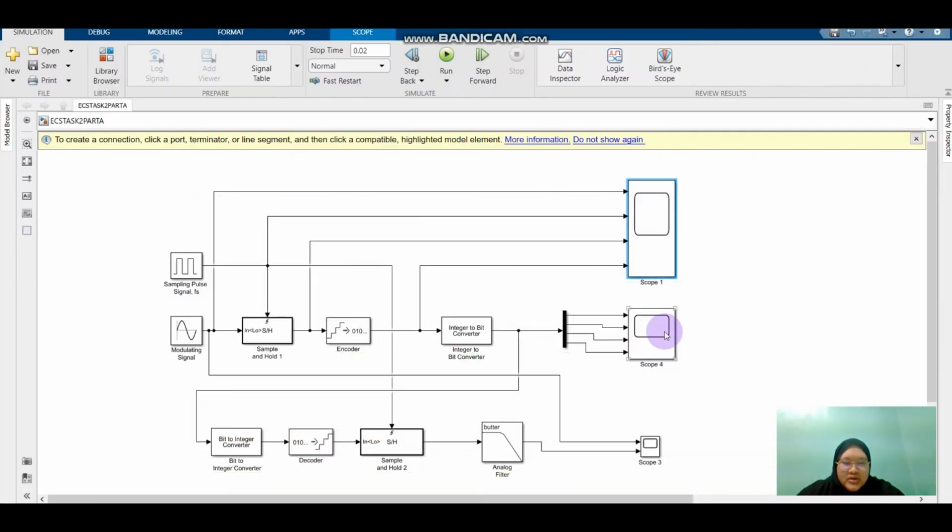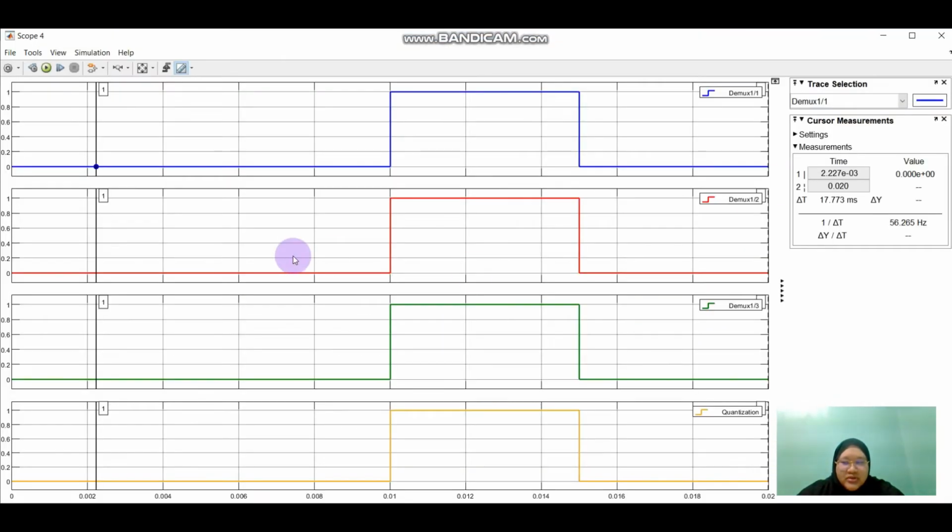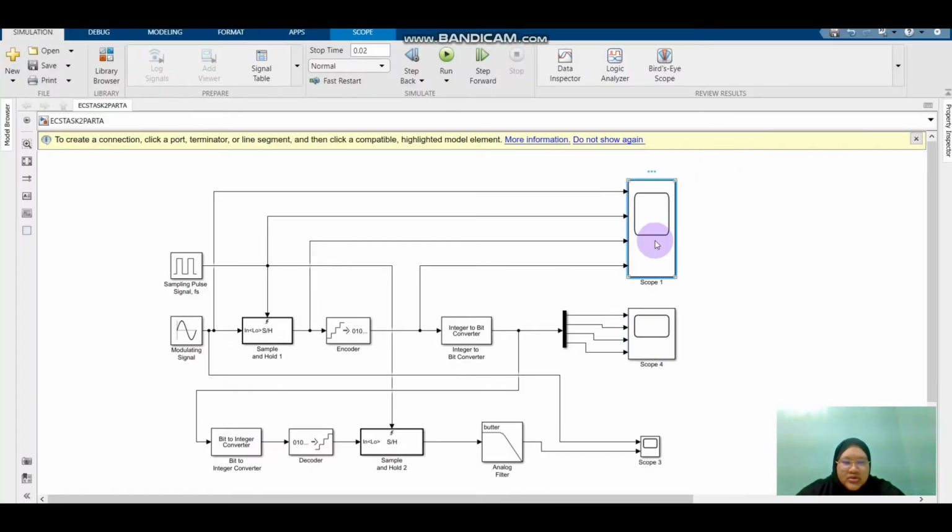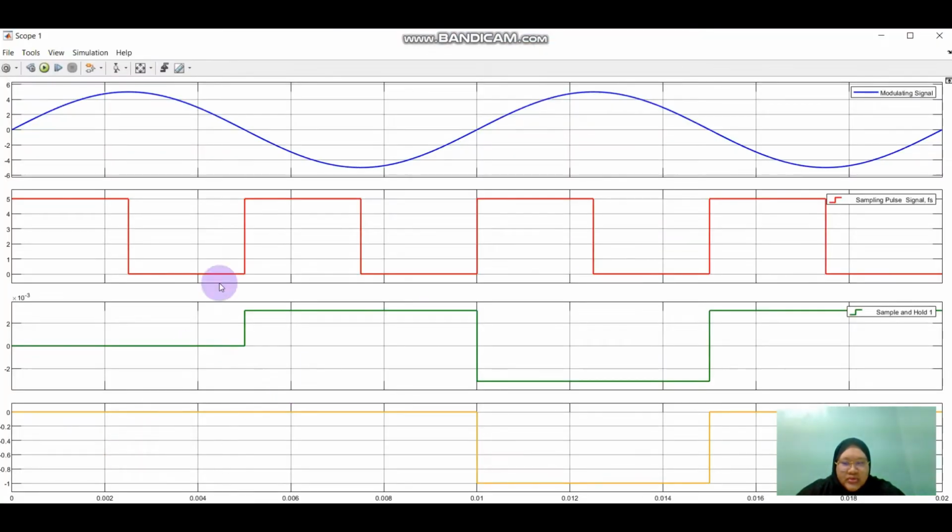So we can analyze this 4-bit PCM data, which represents the quantization value. The values we got from this waveform, reading it, are first 0, then 0, then -1, and then 0.